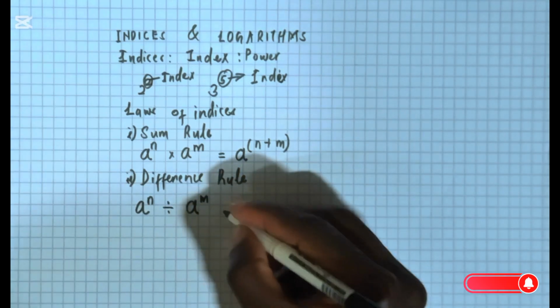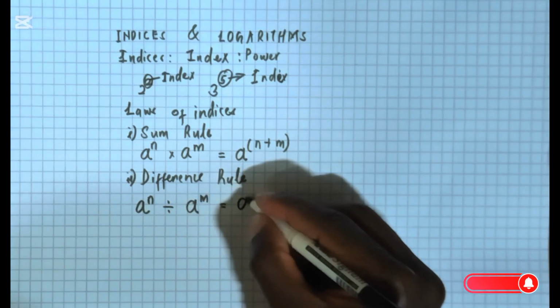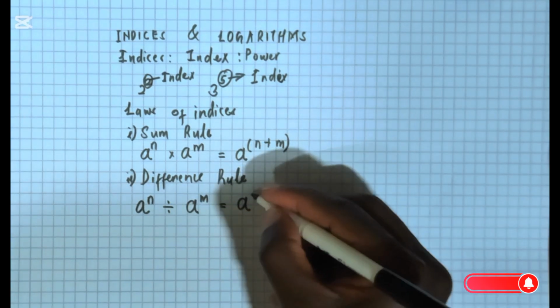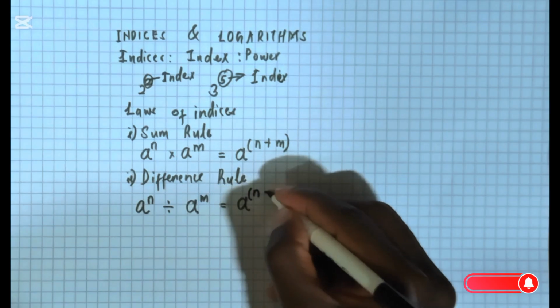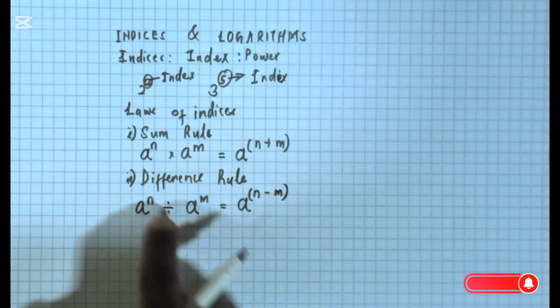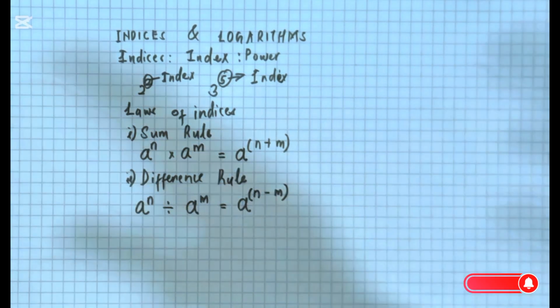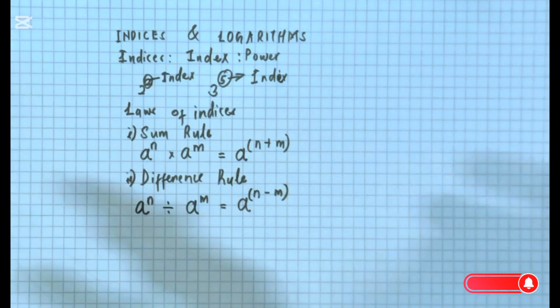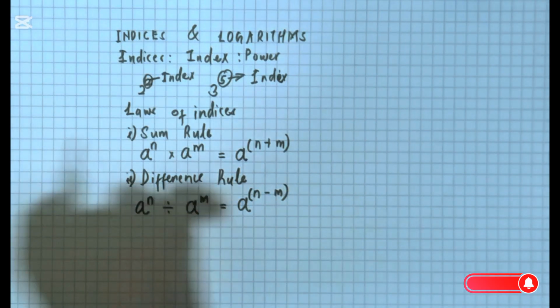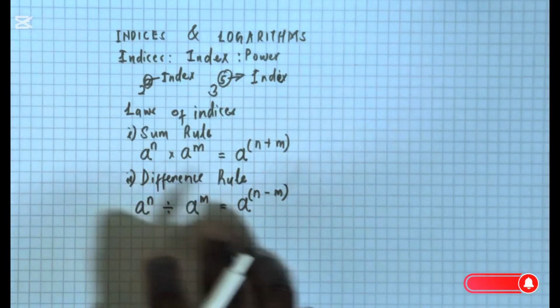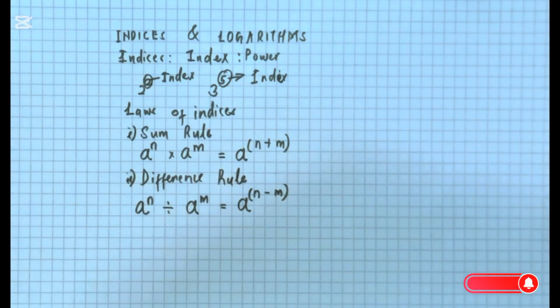This is the same as taking a raised to n minus m. You subtract the powers, n minus m. This is what we call the difference rule. So when you divide numbers of the same base raised to different indices, it is the same as taking the difference of the powers.